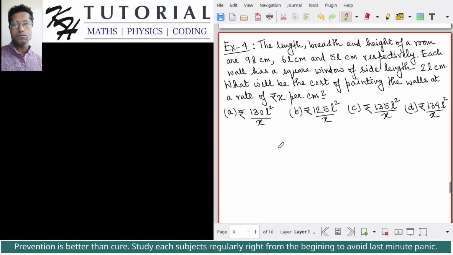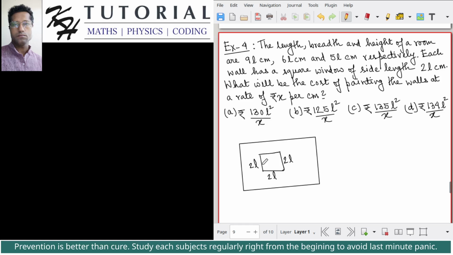If I consider a particular wall, let's say this is a wall and somewhere we have the square window, and the dimension of the windows in each of the walls are same. It is a square window where the side is 2L centimeter.